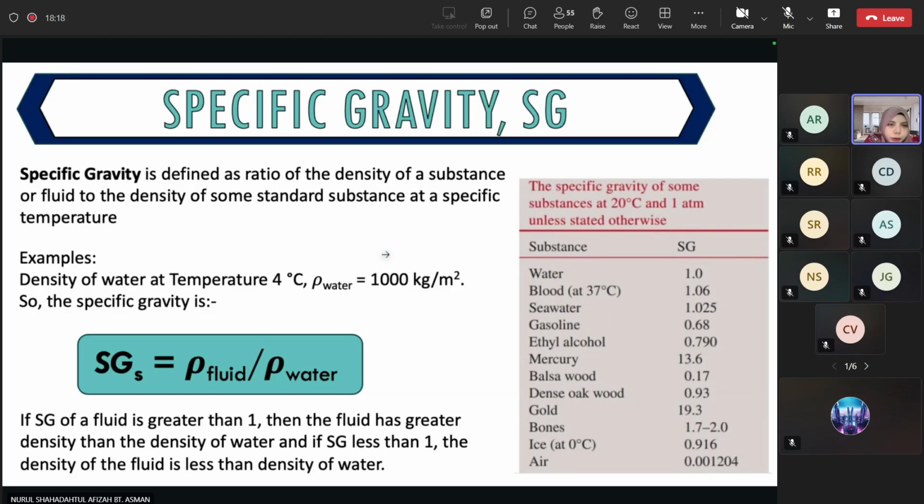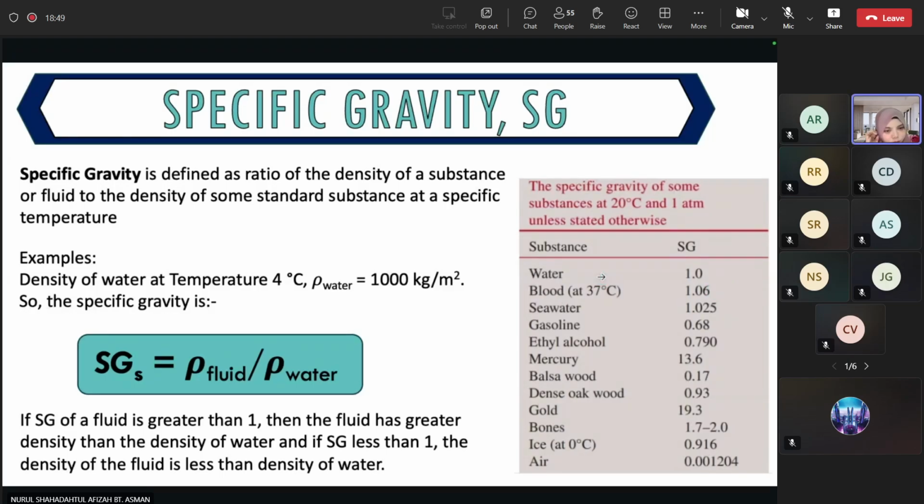Specific gravity is defined as the ratio of the density of the substance or fluid to the density of some reference substance at a specific temperature. This is an example to find the specific gravity. It is almost the same as what you learned in chapter 1. To find the specific gravity, divide the density of the fluid by the density of water, which is 1.